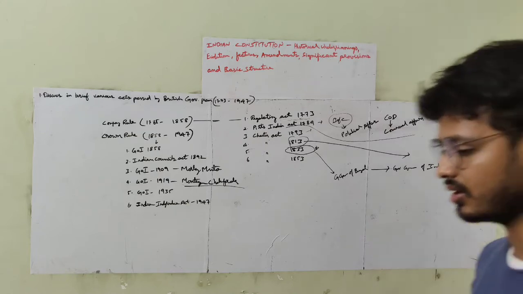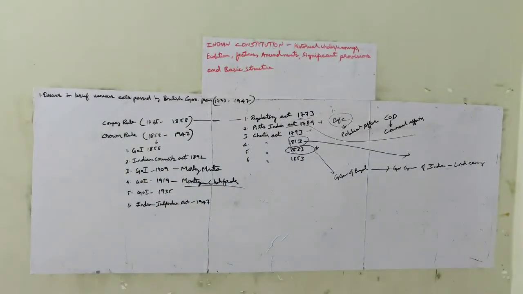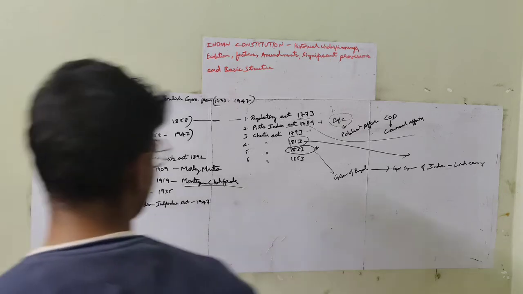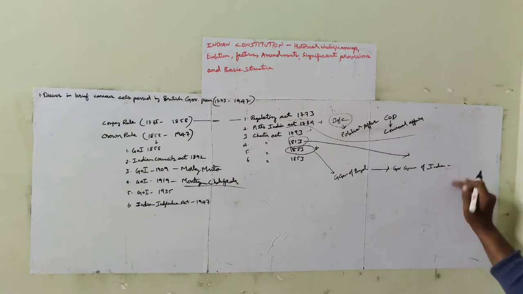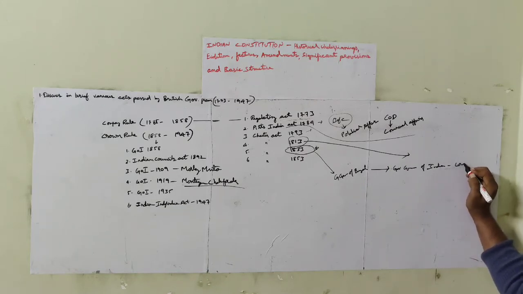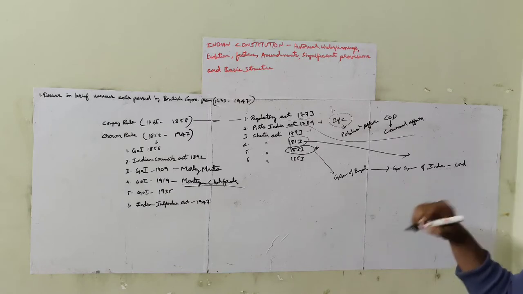Let me check it. Sorry, he was the first Viceroy. Okay, Lord Canning was the first Viceroy, but here William Bentinck. Warren Hastings, William Bentinck, and then Canning.